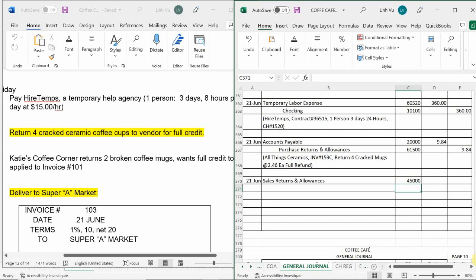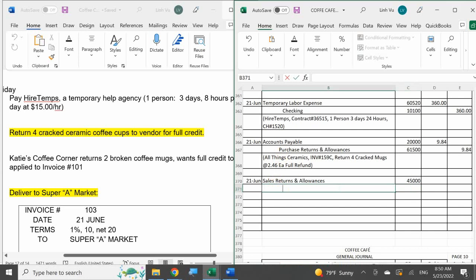Accounts receivable? Yes. We're trying to reduce the amount that she owes me. So we're going to do that by reducing the accounts receivable.